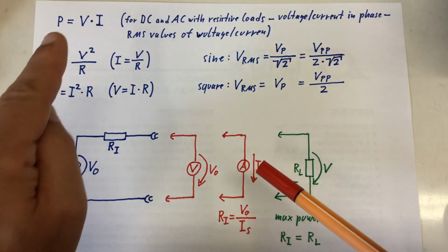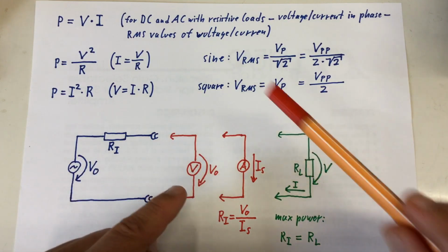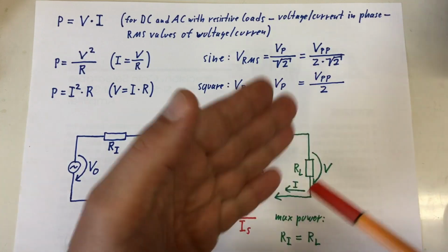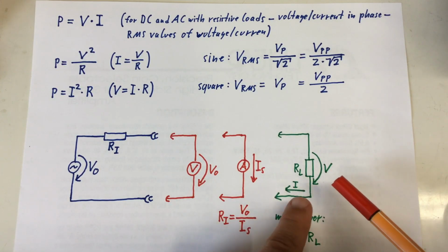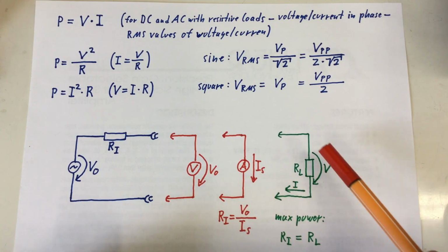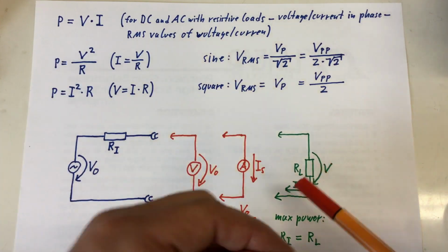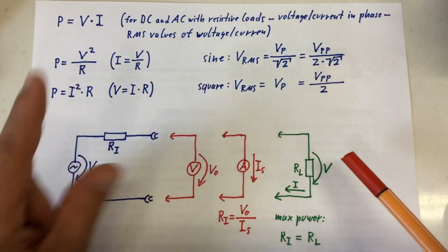So to measure power, we have to connect some load, and we said resistive loads only in this video. And then we can either measure the voltage or the current through our resistive load. We have these formulas here to calculate the power we get out of that thing.